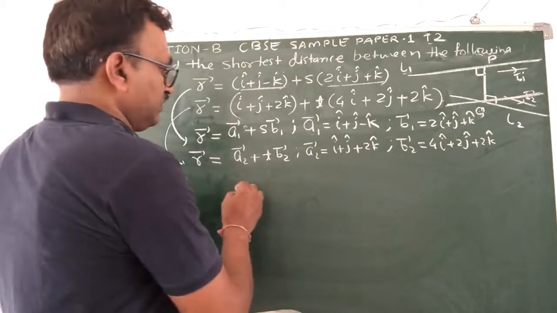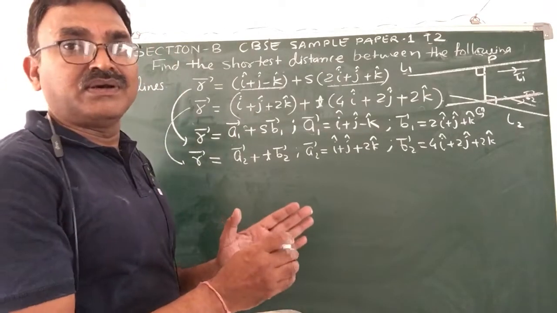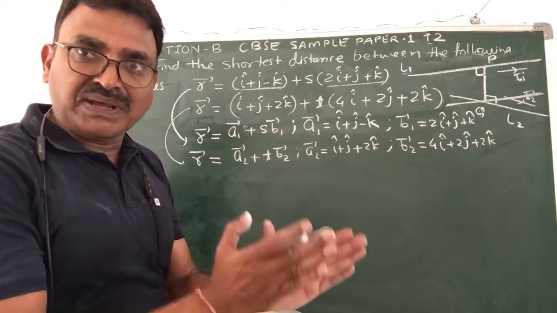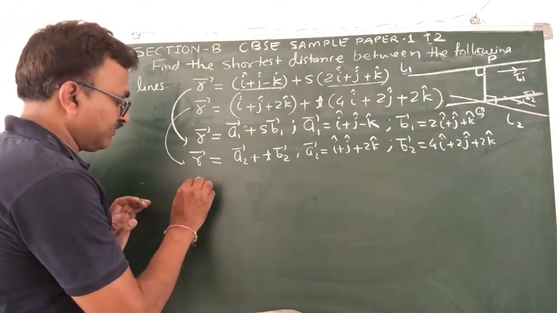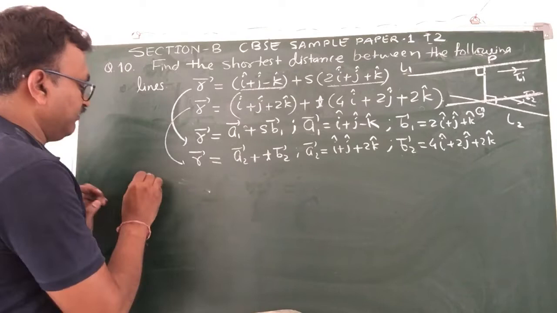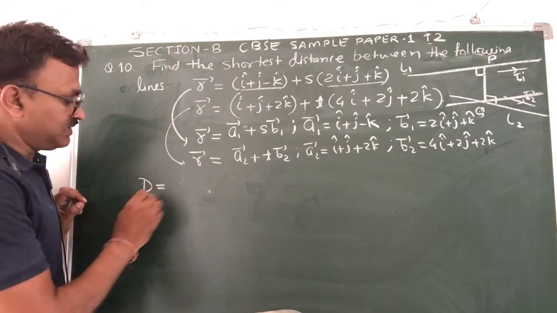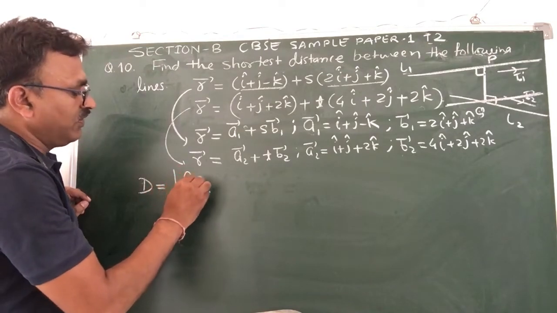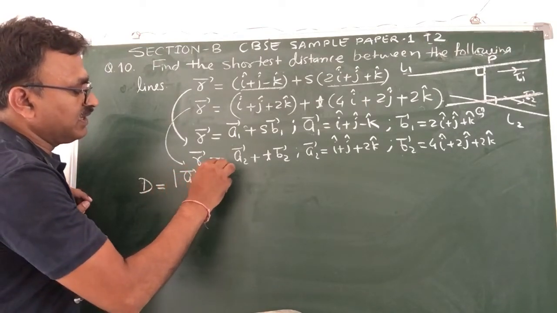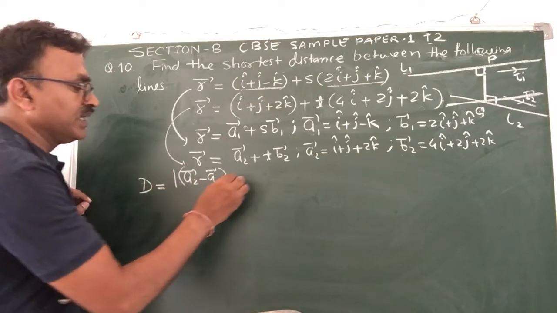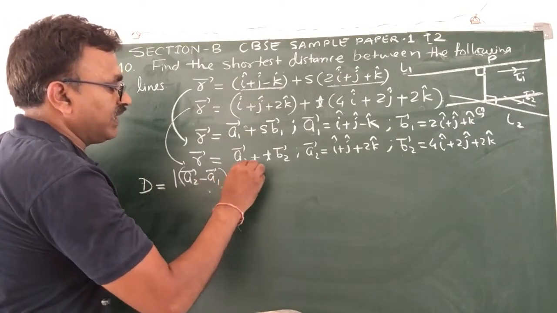So now we will use the formula of distance between two parallel lines, represented by d equals modulus of (vector a2 minus vector a1) cross multiplied with vector b, divided by modulus of vector b.